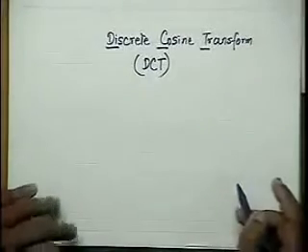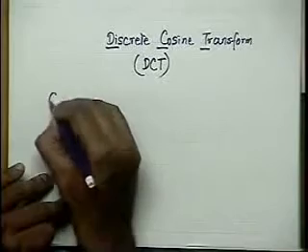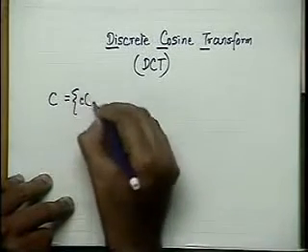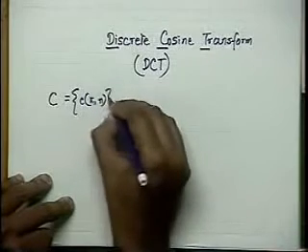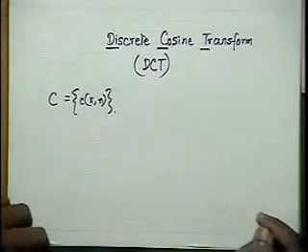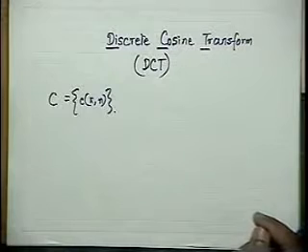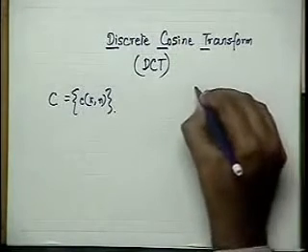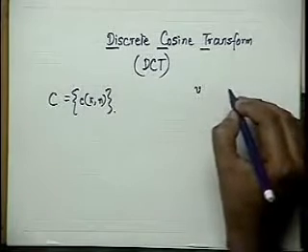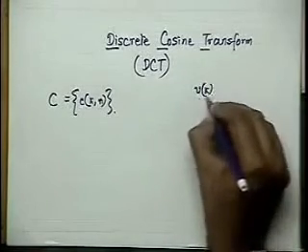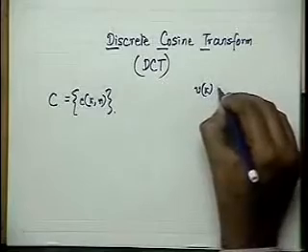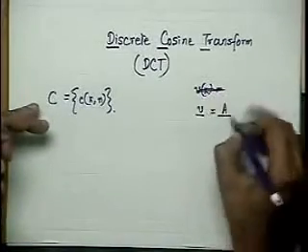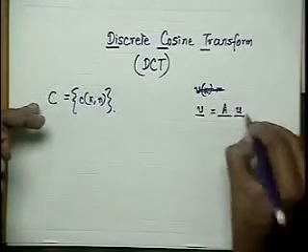Now if we define the transformation matrix C having elements C of kn, for one-dimensional transformation, I first considered the one-dimensional transformation only, that is my same old expression. What was the old transformation expression? The V vector equals the A matrix, the transformation matrix, product U vector.